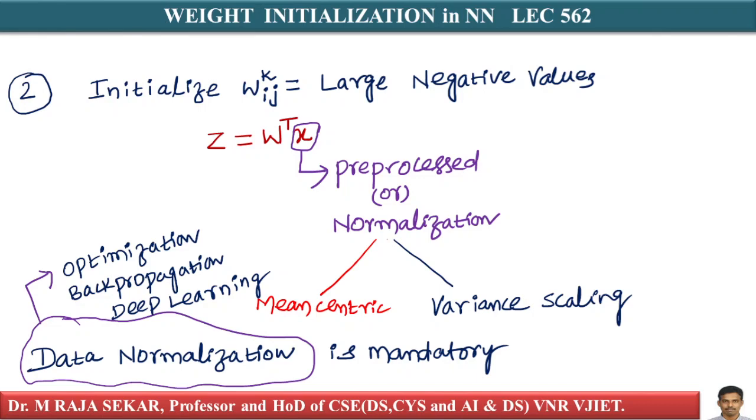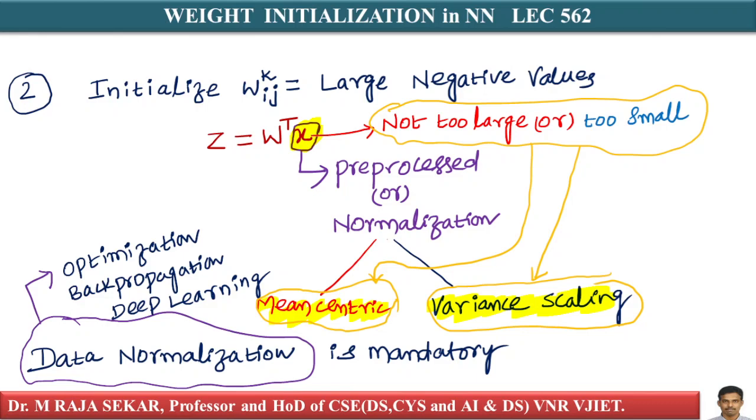Since X is normalized, X is not too large or too small, because you have done mean centering and variance scaling. You are already centered and scaled.